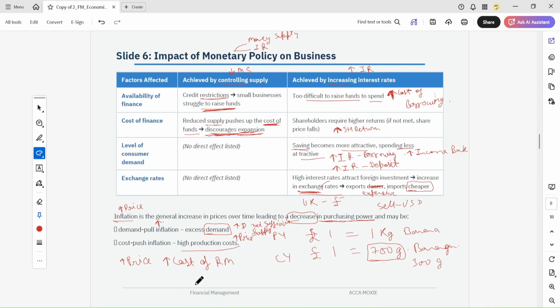When your cost of raw material increases, your production cost will increase, and this production cost will definitely increase the price of the finished product. And when the price of the finished product increases, that is the inflation in the economy. Okay.